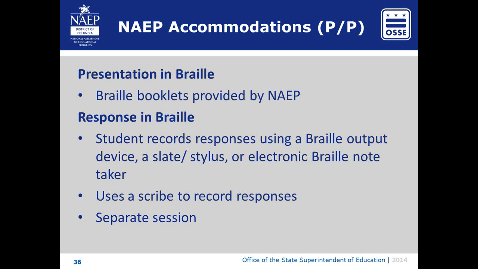If a scribe or special equipment is required, the school coordinator will need to arrange for these resources to be available for the session, and also check prior to the assessment that the equipment is in working order. Both presentation and response in Braille require an aide and should be administered in a separate session.